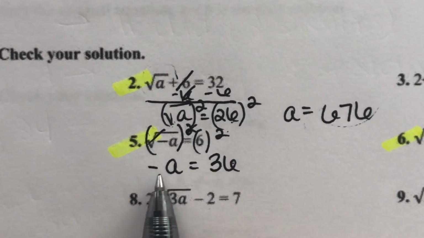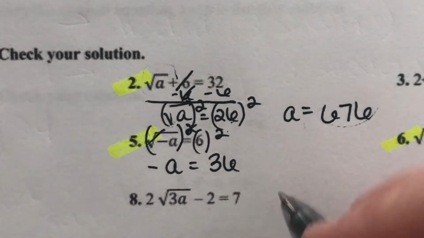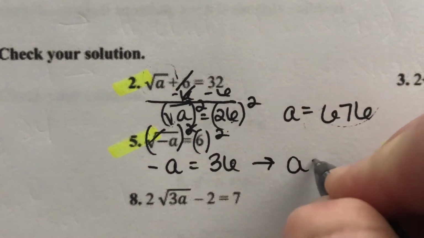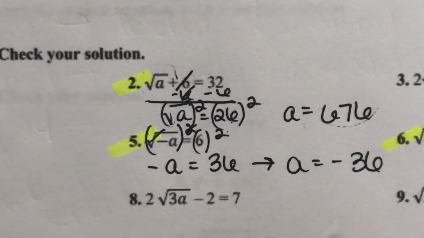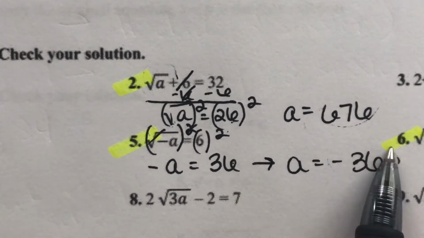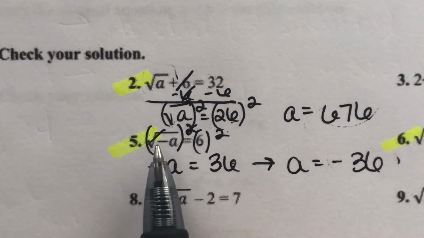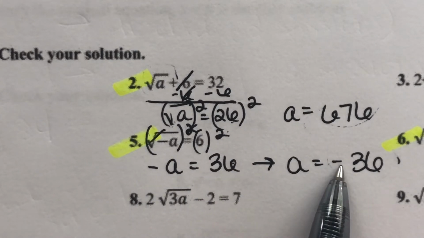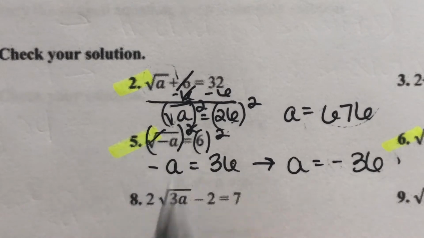So you can either divide both sides by -1 or multiply both sides by -1, and you're going to end up with positive a equals negative 36. So we can have this negative value in for a because there's another negative sign in front of it. So those 2 negative signs are going to cancel each other out, and we'll have positive 36 under the radical sign, if that makes sense.